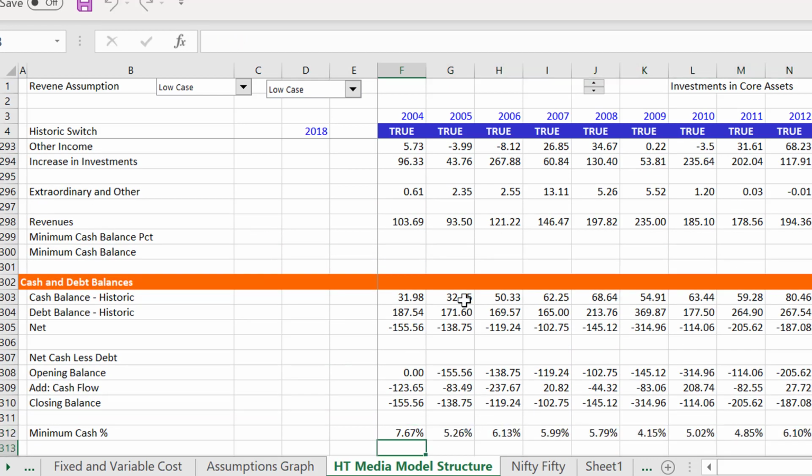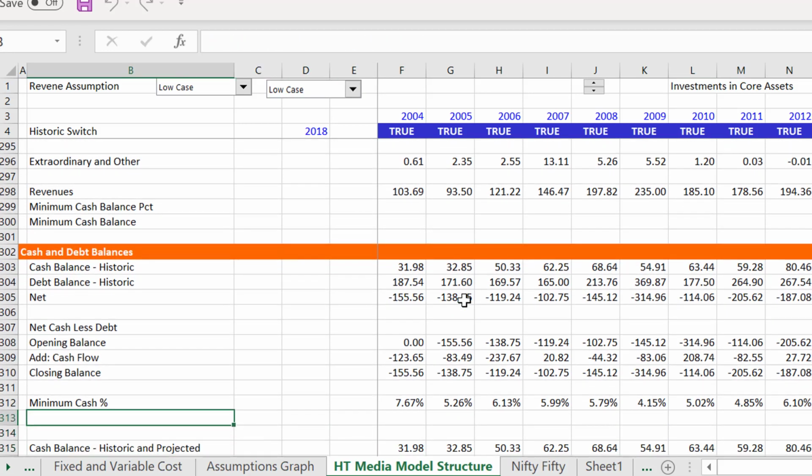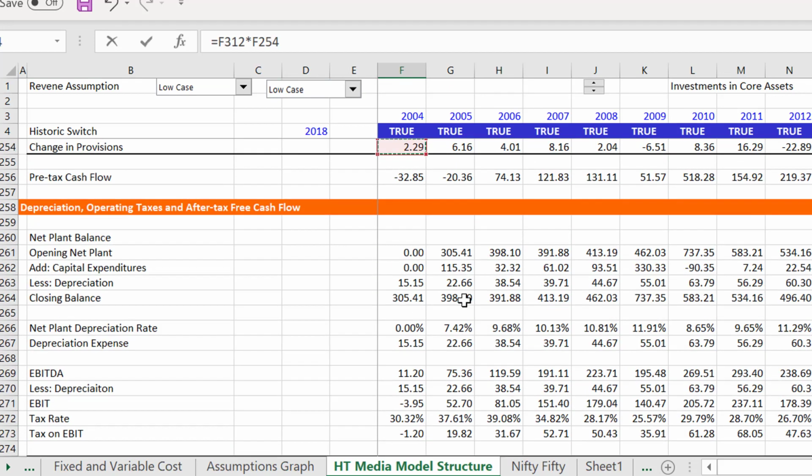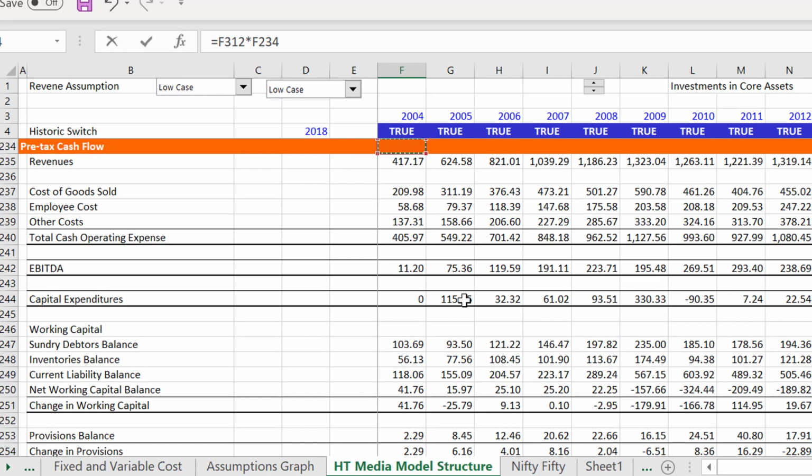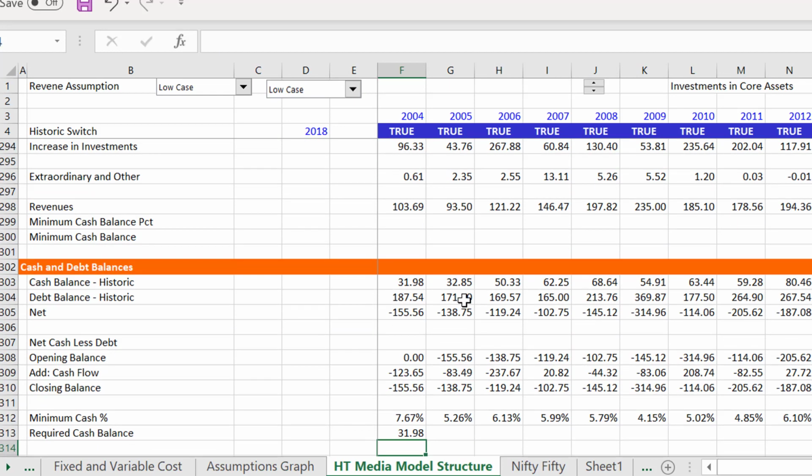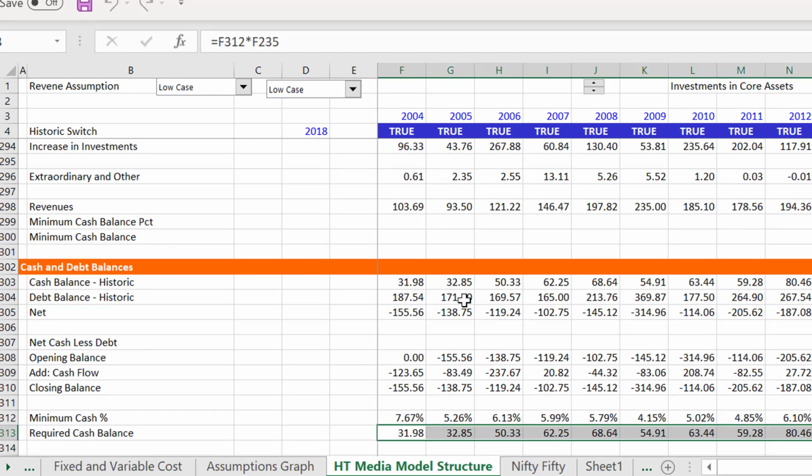And then we'll put our required cash balance. That's going to be simply the revenues up here multiplied by our percent.